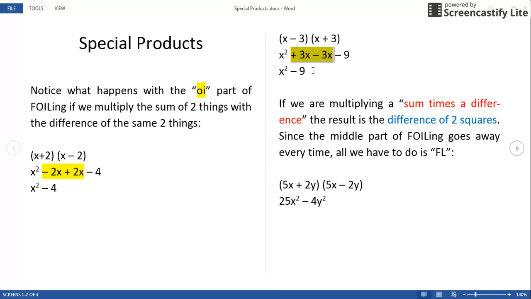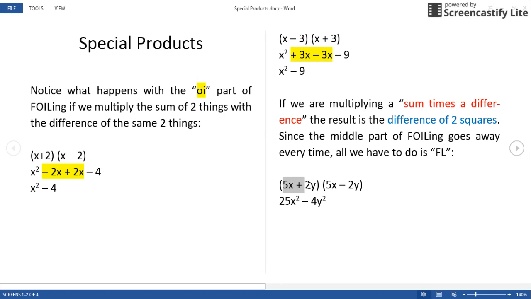So if I have a sum times a difference, the result is what is called a difference of two squares. And since the middle part goes away every time, there's no need to do that OI part of the FOIL. Instead, we can just do FL, first and last.